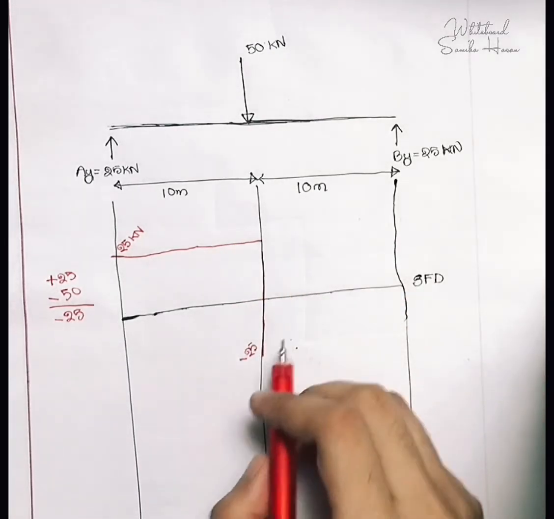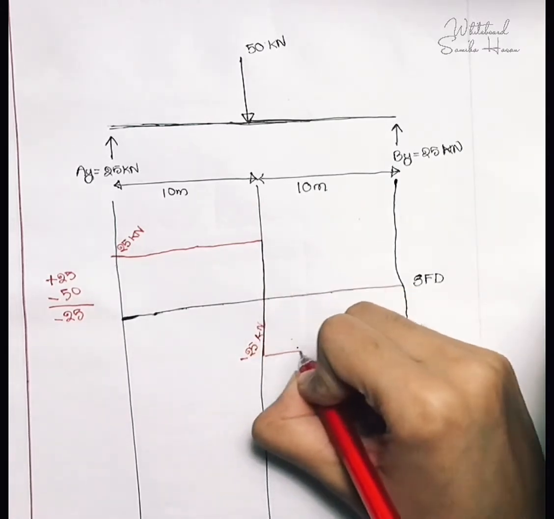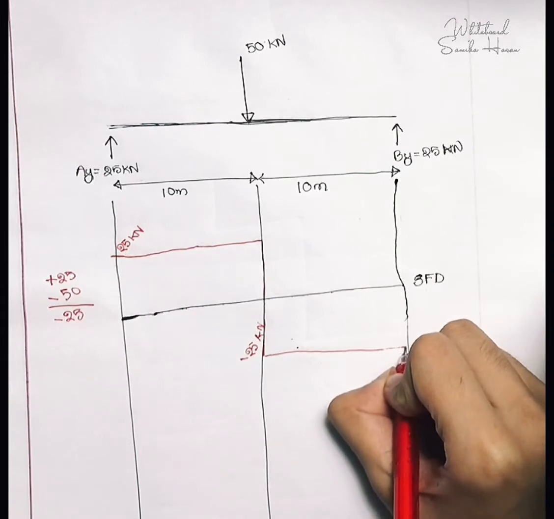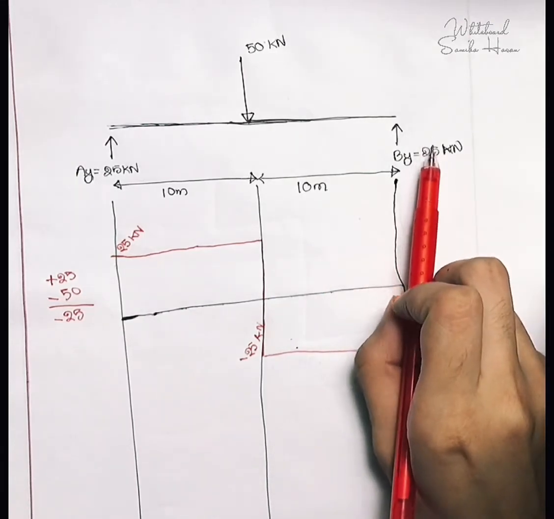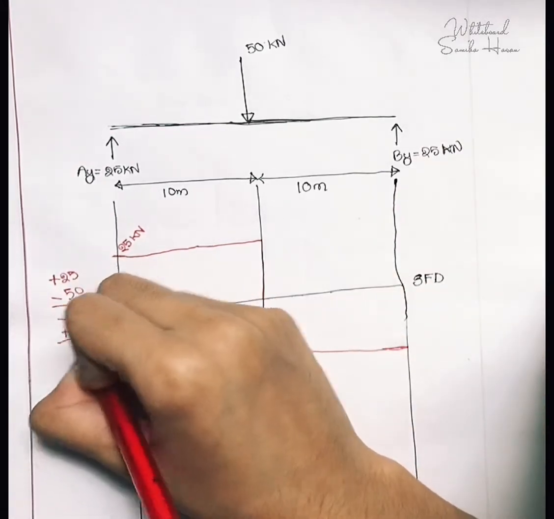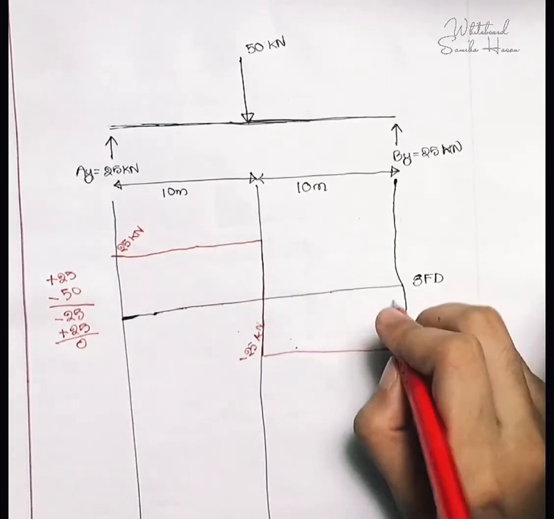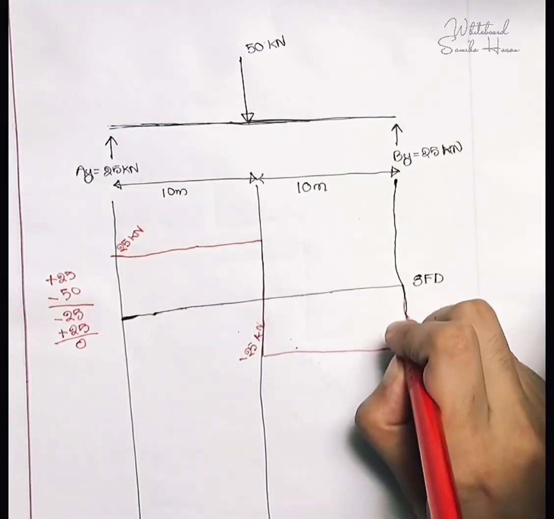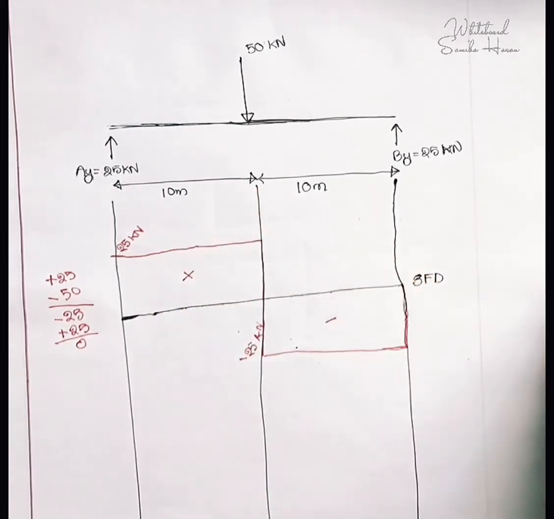I don't have any other force, so this will continue up to here, and here I have a positive 25 kilonewton force. Negative 25 plus positive 25 leaves us with 0. This will be positive and this will be negative.